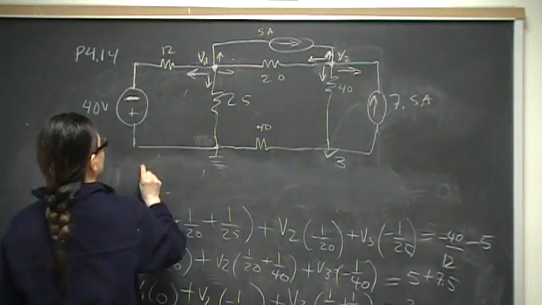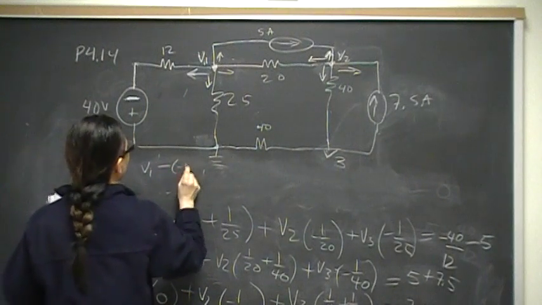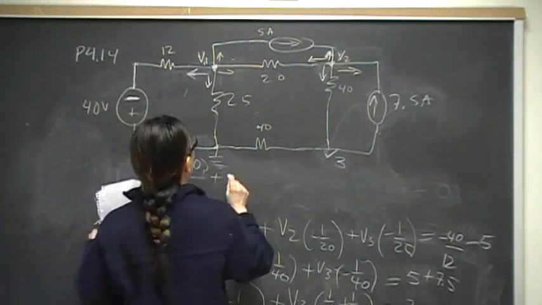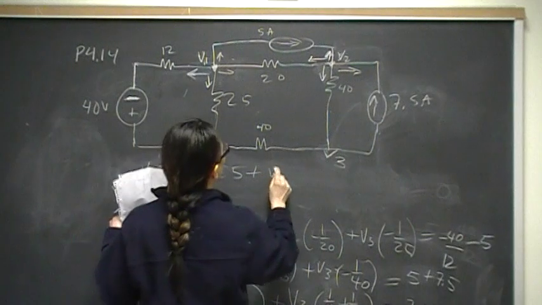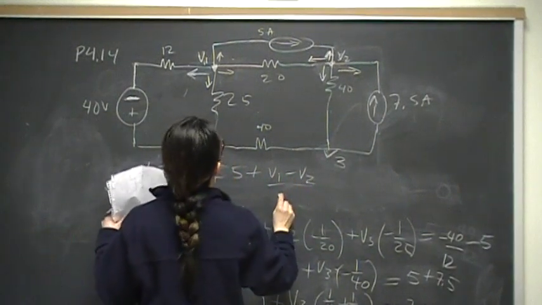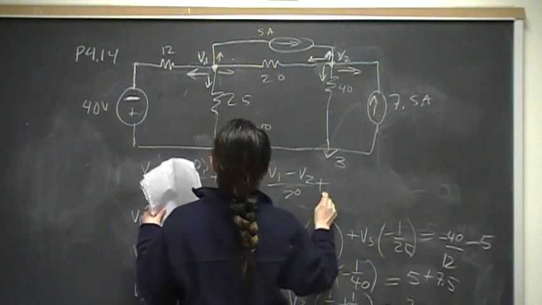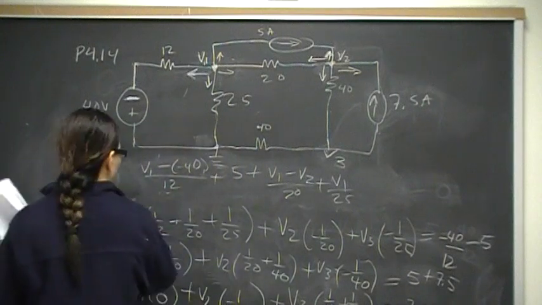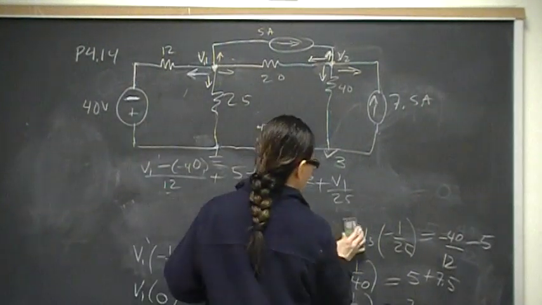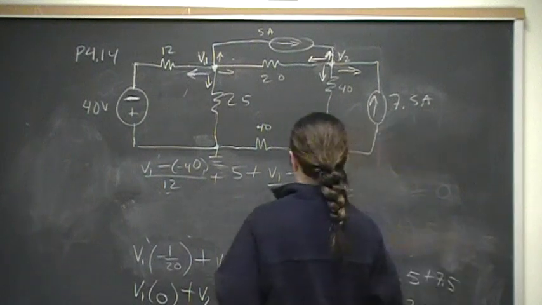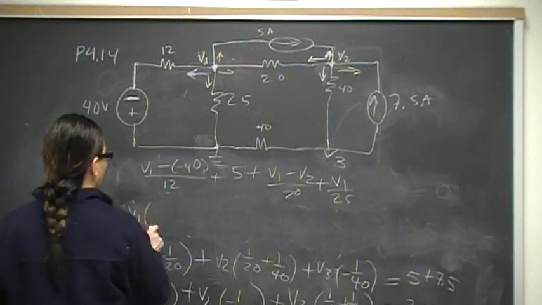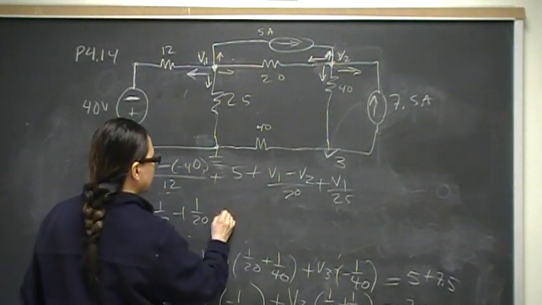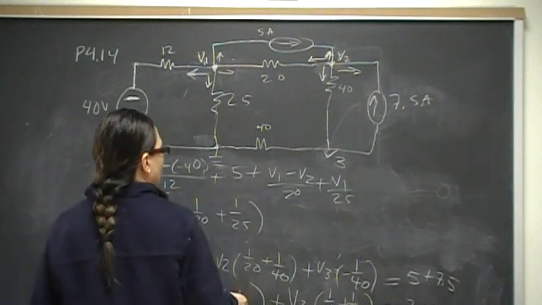Okay, so first equation is V1 minus -40 over 12 plus 5 plus V1 minus V2 over 20 plus V1 over 25. Okay, so now V1, 1 over 12 right here, plus 1 over 20 right there, plus 1 over 25.